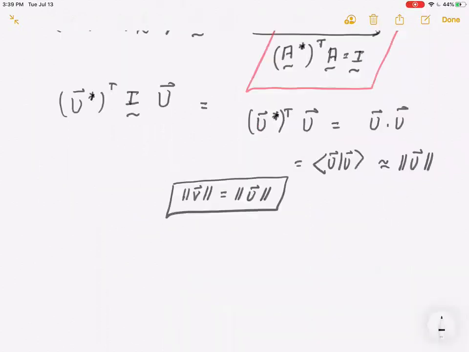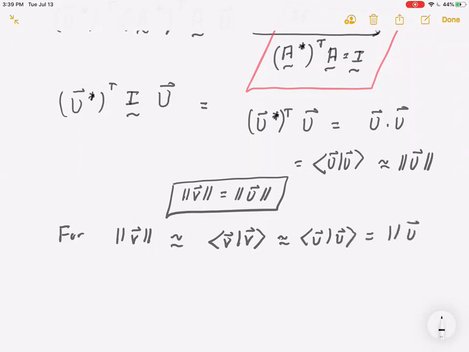So let's write this out. The norm of V is proportional to the inner product of V, which is proportional to the inner product of U, which is going to be equal to this.